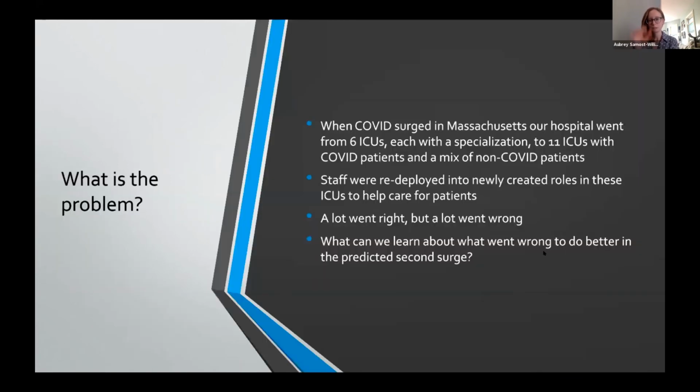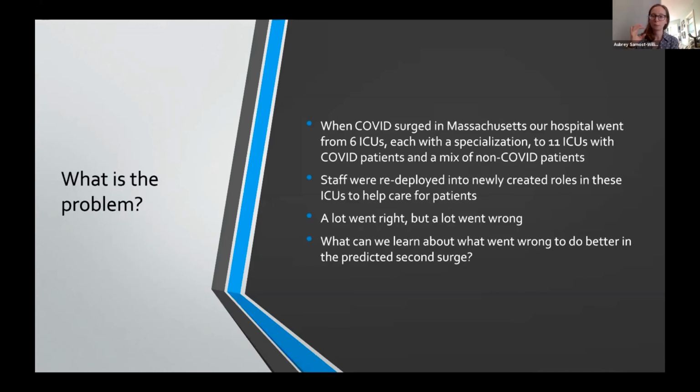So when COVID surged in Massachusetts, our hospital went from 6 ICUs that were each somewhat specialized, right? A medical ICU, a surgical ICU, a neurosurgical ICU, those sorts of things, to having 11 ICUs that all had both COVID patients and a random mix of non-COVID patients. So your former surgical ICU was now seeing half COVID patients, and the other half included neuro patients and SICU patients and NICU patients.